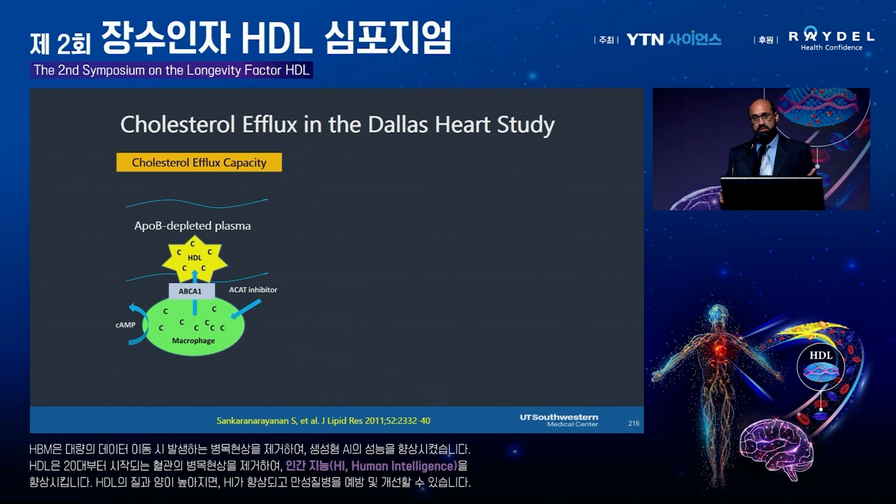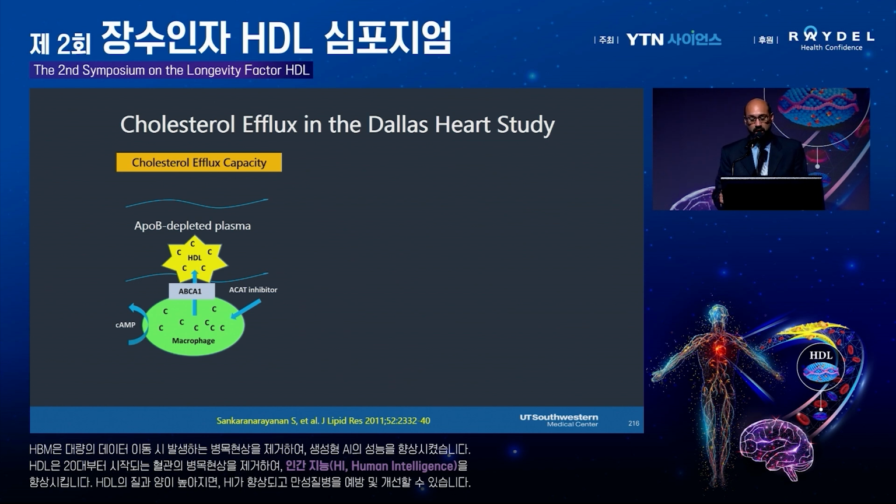And then the only large study that had been done to date in humans was cross-sectional, correlating prevalent coronary disease to HDL function. And so what we thought was important to explore was the ability of HDL function as a biomarker to predict the development of ASCVD in the future.